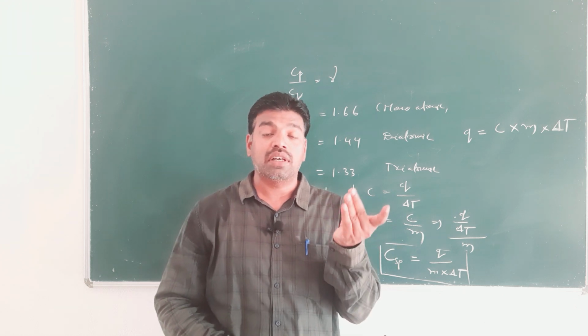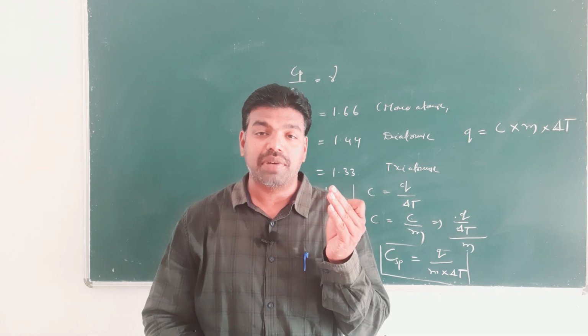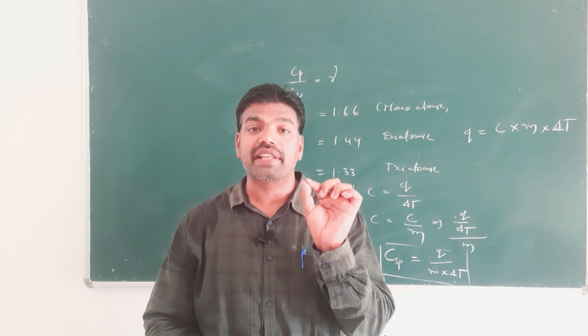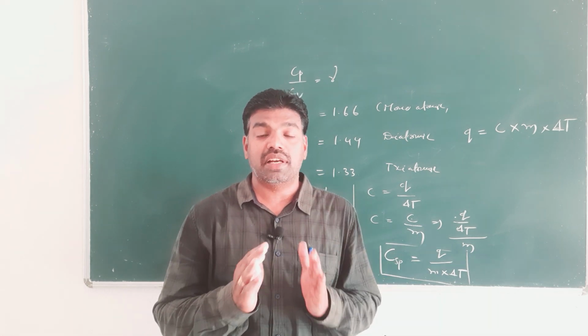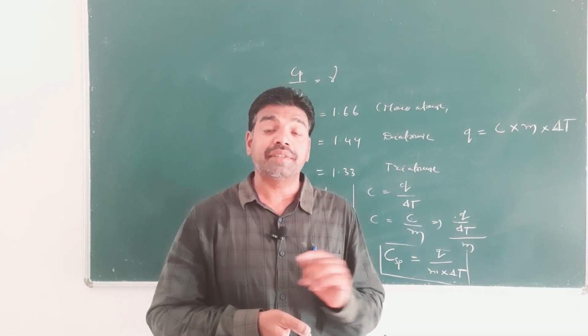Among heat capacity at constant volume and heat capacity at constant pressure, the heat capacity at constant pressure is always greater than the heat capacity at constant volume, as at constant pressure the gas expands as well as the gas does work, right.